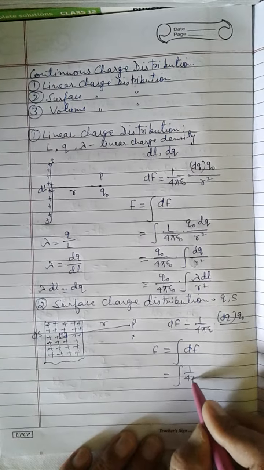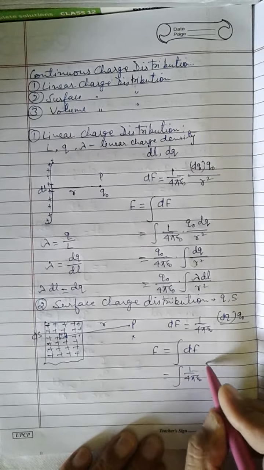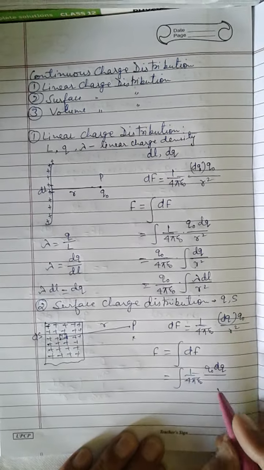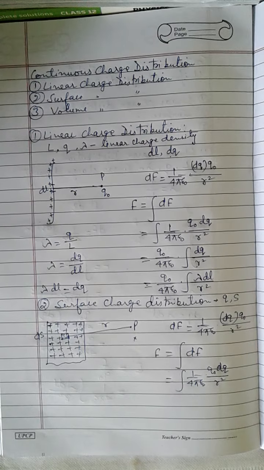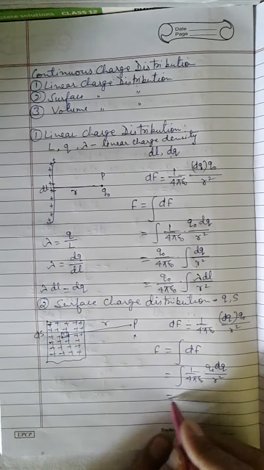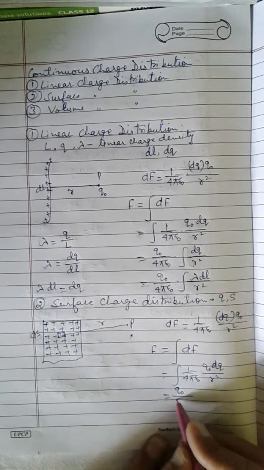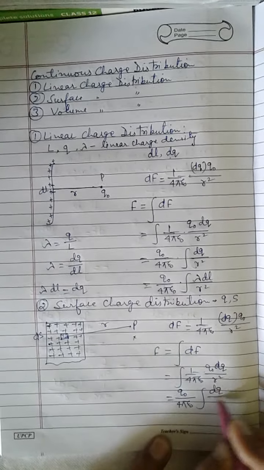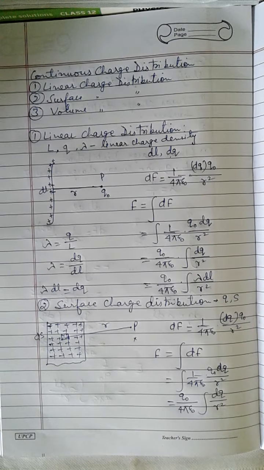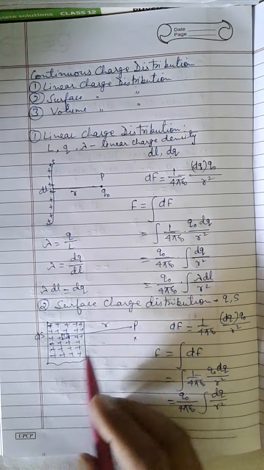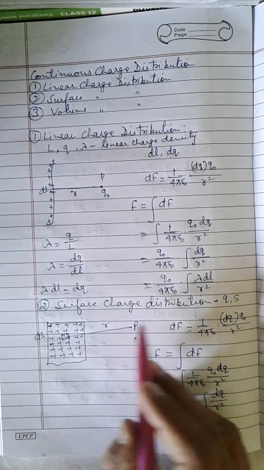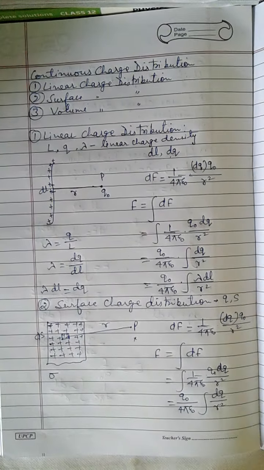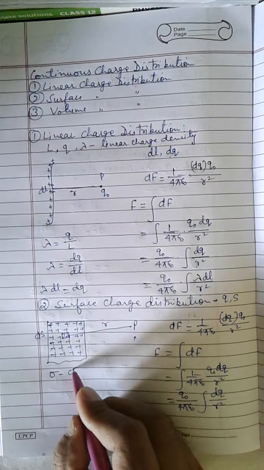Now put the value of dF: same, 1 upon 4 pi epsilon naught q naught dq upon r square. Take the constant out again, q naught is out, 1 upon 4 pi epsilon naught integral of dq upon r square. Here the surface charge density is denoted by sigma.